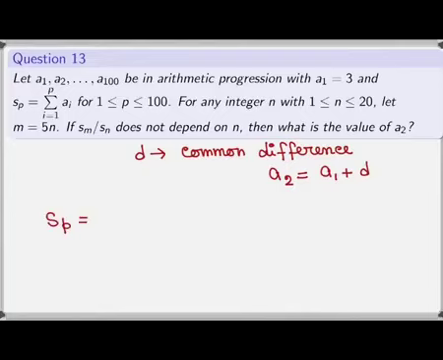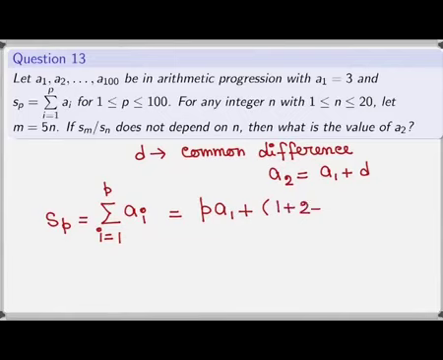We have SP is equal to sum over i running from 1 to P of Ai. So this is equal to P into A1 plus 1 plus 2 plus so on and so forth up to P minus 1 into D. We know that A1 is equal to 3.